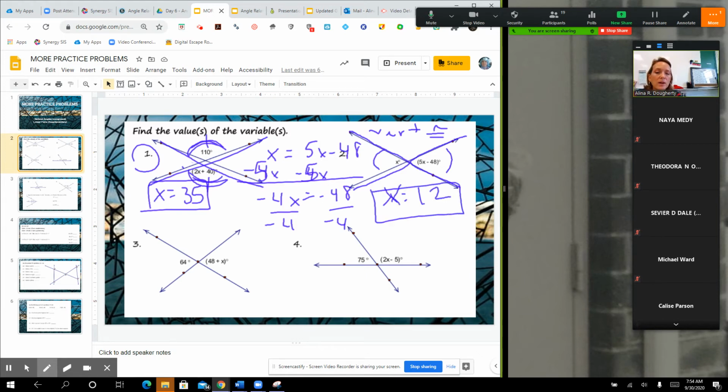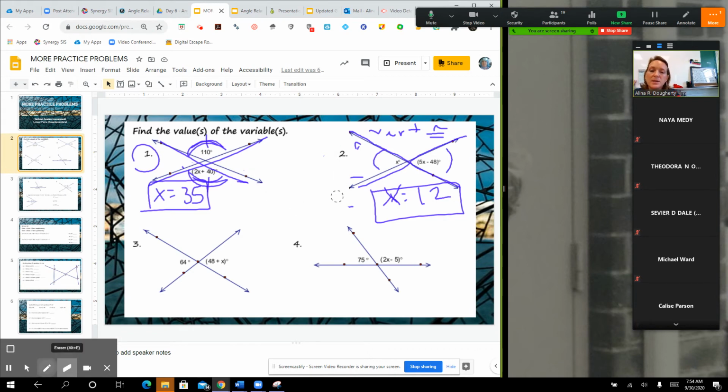Okay, vertical angles are congruent, and vertical angles are made when two lines intersect and you have angles on the opposite sides. Okay, so if two lines intersect like these, and I've got an intersection on the left and an intersection on the right, those are vertical angles.